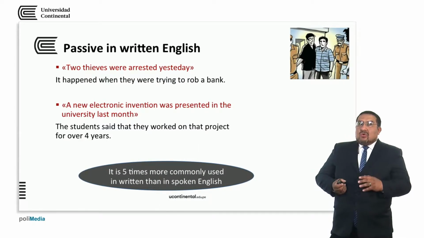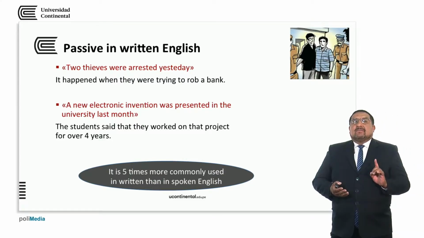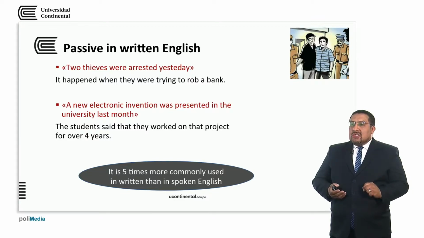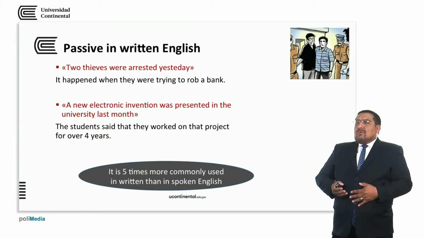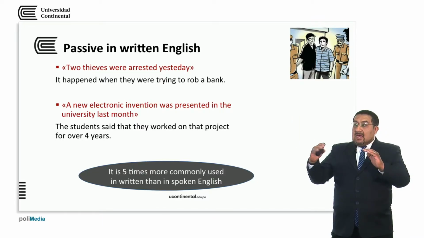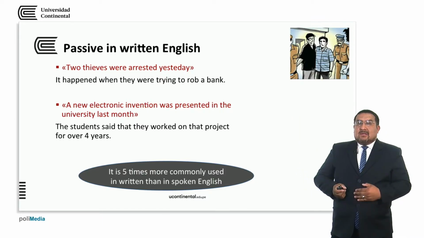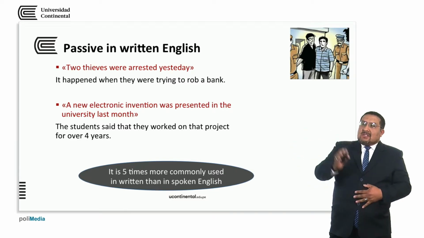Now, when you go over the passive voice, you're going to find that it is more commonly used in written English, especially in newspapers or magazines. For example, you say, 2 thieves were arrested yesterday. You're going to find a headline like this. It happened when they were trying to rob a bank. It means that I don't want to mention that the police officers arrested 2 thieves.